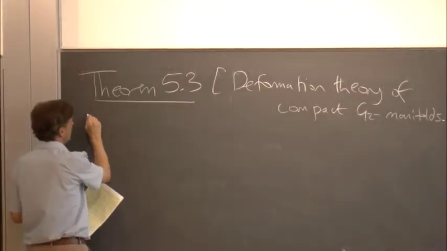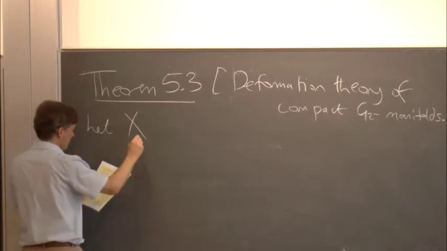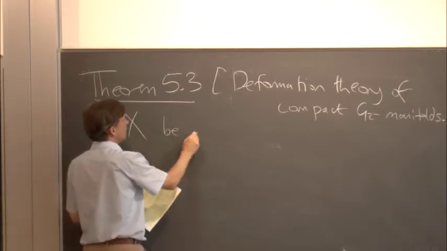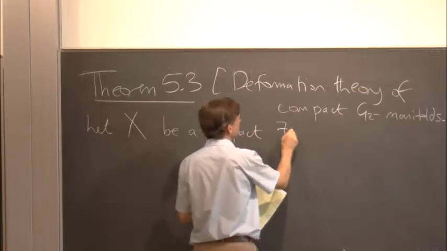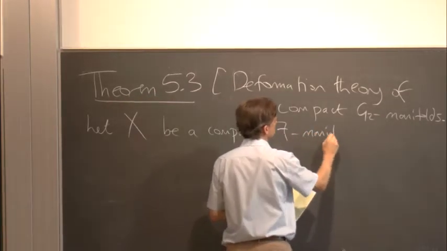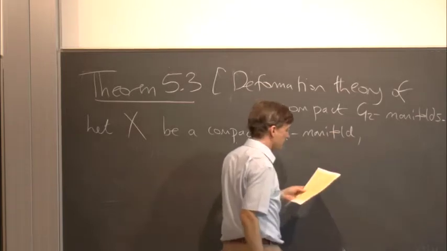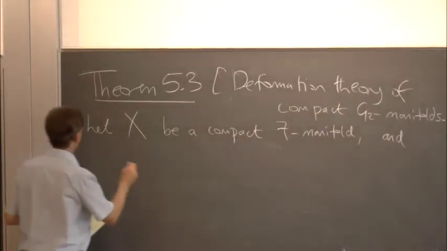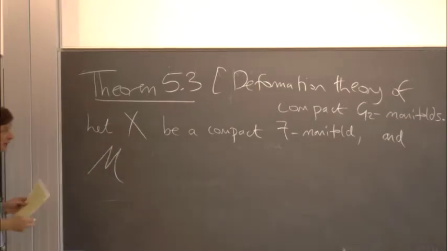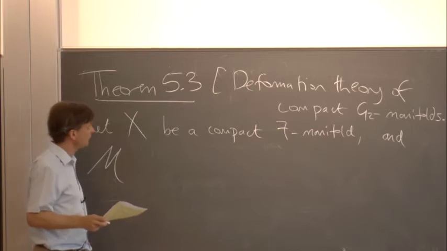Let's take X to be a compact 7-manifold, and let's write curly M. So M is going to be the moduli space of torsion-free G2 structures on X.